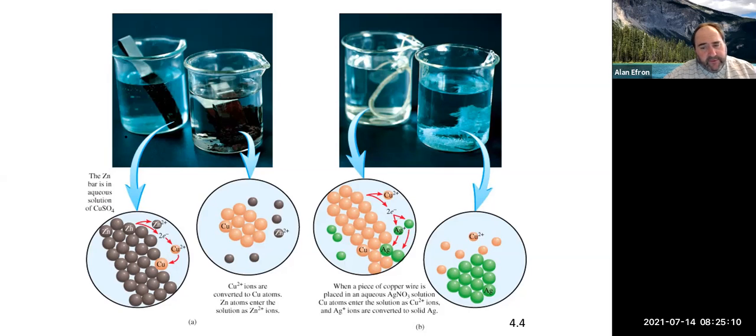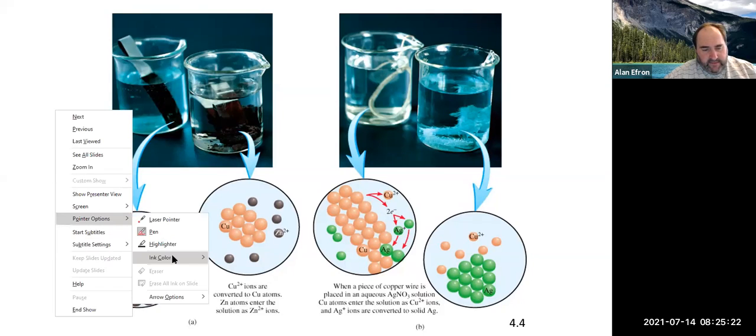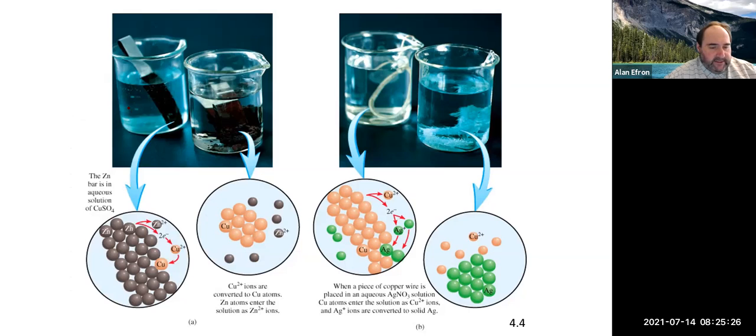You may be wondering what is happening here on the left-hand side. To describe what's happening position-wise, let me get a different color so we can see it. Go with red. Basically, in this solution there's copper(II) sulfate.